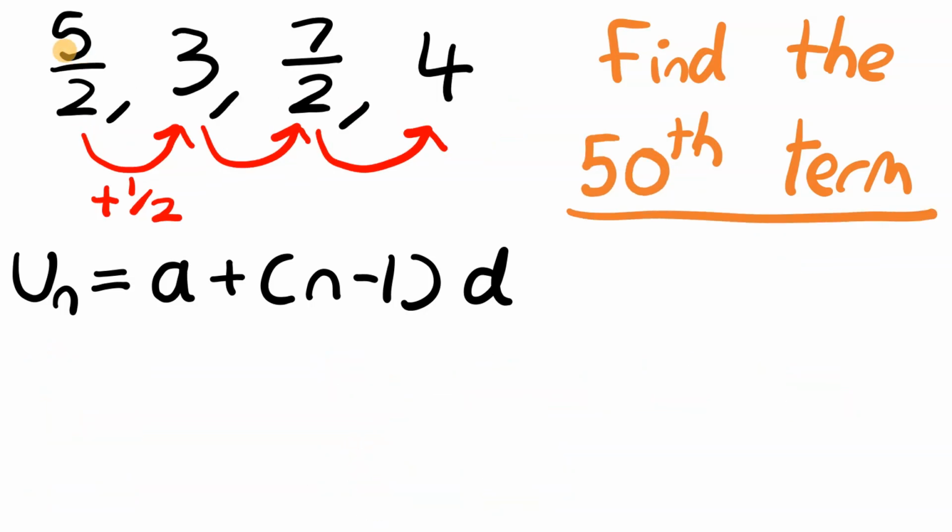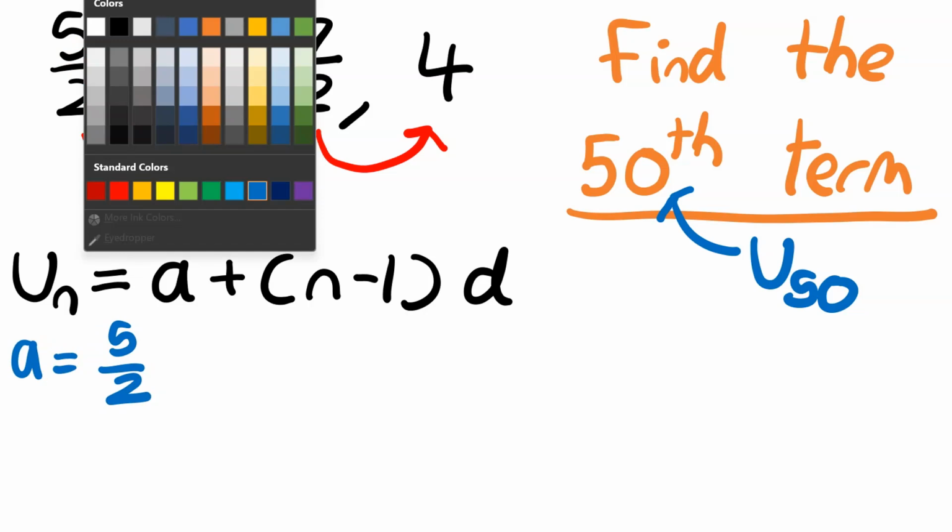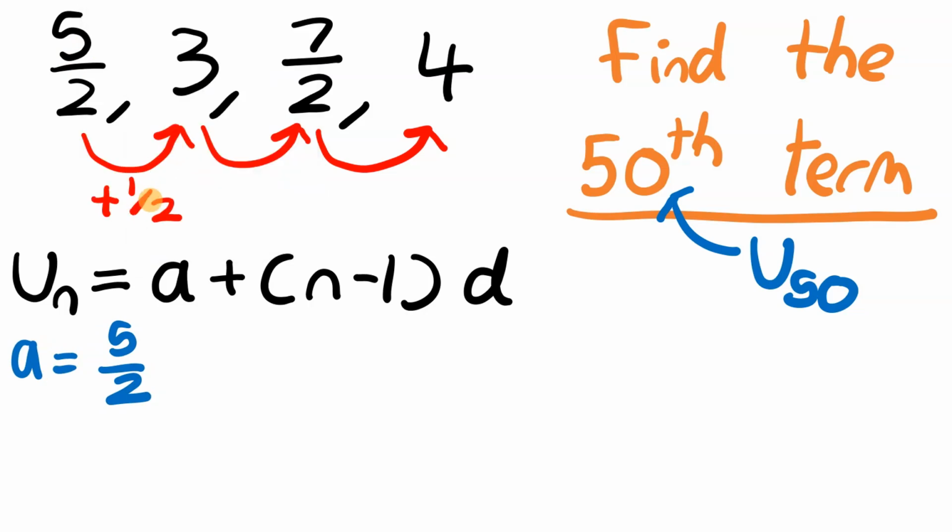This is one of the other examples we talked about in the intro, where it's 5 over 2, then 3, then 7 over 2, and then 4, and we need to find the 50th term, so this is u50. So we're going to use this formula here. a is the first term, so here a is equal to 5 over 2, and then the common difference, it keeps going up by a half, so therefore d is equal to half, and then n, so we're talking about u50 here, so n is equal to 50.